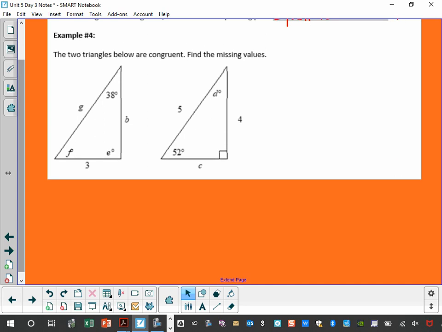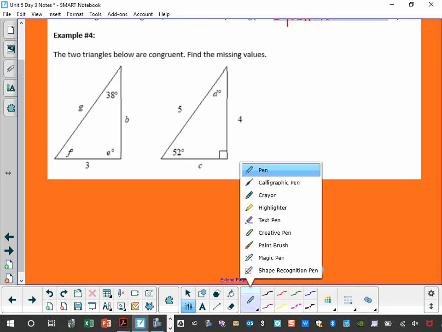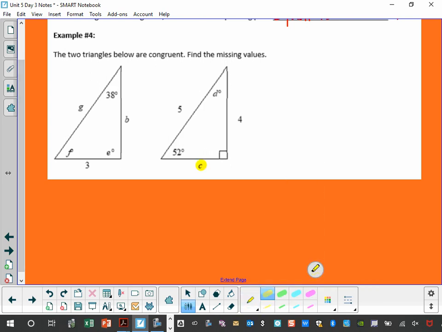So example 4, the 2 triangles below are congruent. So I have a few missing sides. I have C, B, and G. And then my missing angles, I have T, E, and F. So let's write this down.